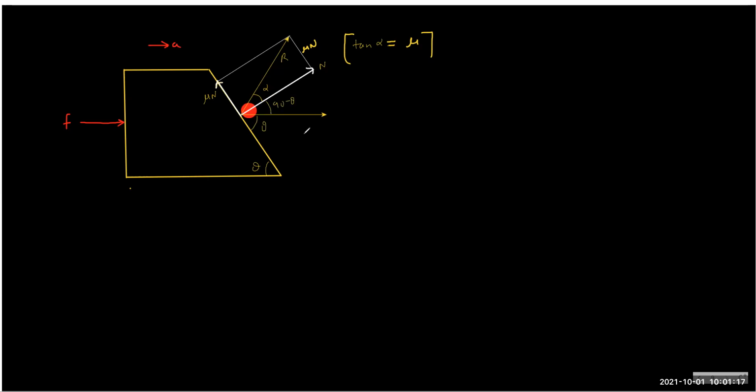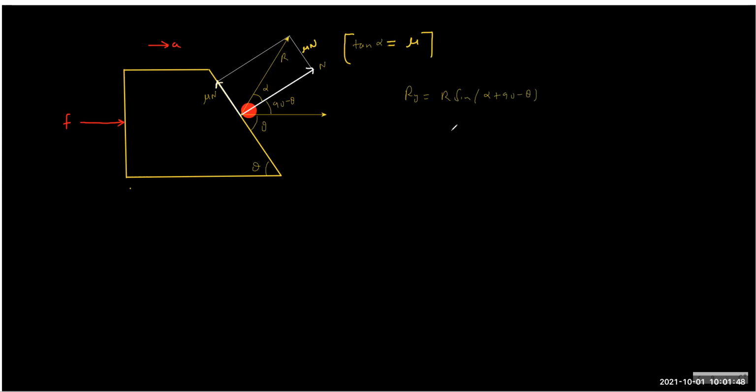So what is the vertical component of R? Or what is the horizontal component of R? So the vertical component of R, or you can say Ry, will be how much? R sine (alpha plus 90 minus theta). I think this is the right answer.